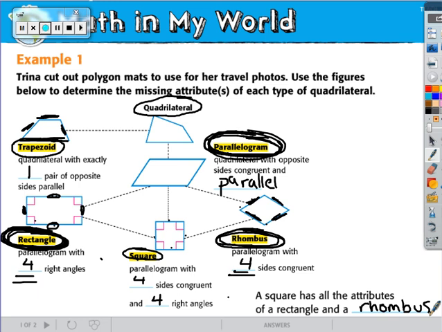A square is a parallelogram with 4 congruent sides and 4 right angles. 4 congruent sides, 4 right angles. Okay? This example is how you're going to classify all of your shapes tonight. Refer back to this. Okay? All right. We'll move on now.